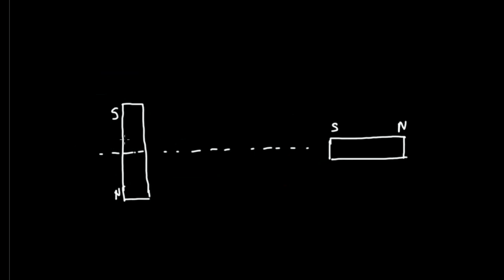Here we have two bar magnets, and there is a point, suppose P here, where we have to find the magnetic field due to these two bar magnets. These two bar magnets I can assume are identical, that is their dipole moment is the same. It may not be equal also.